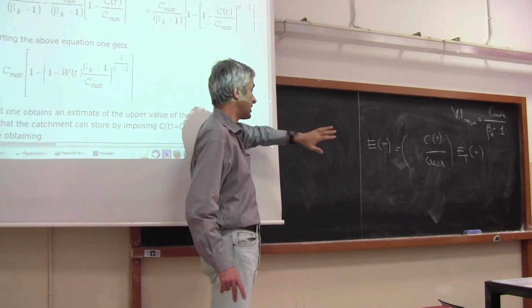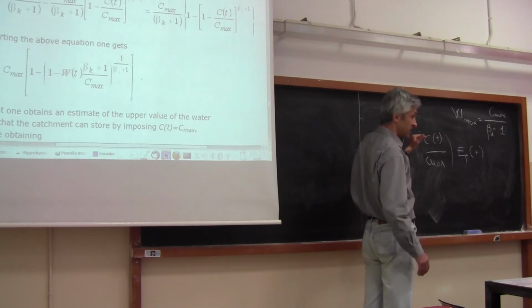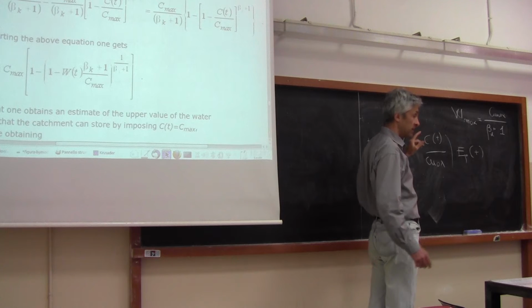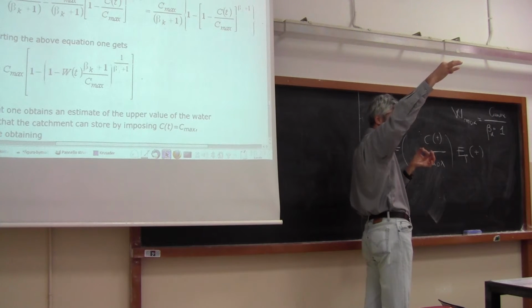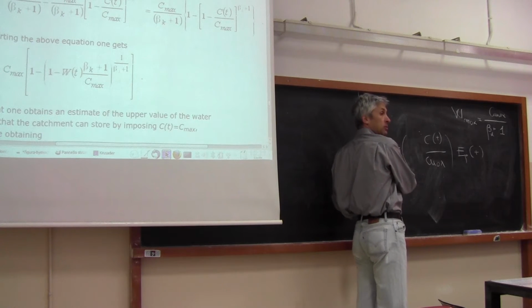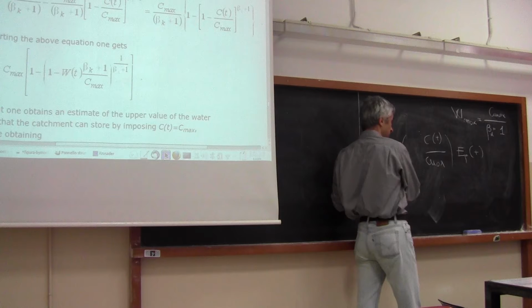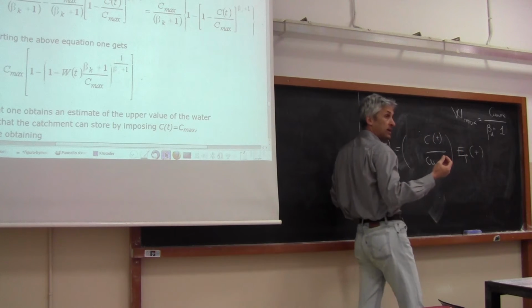And therefore, this second relationship that I brought here is linear in C, and it has the same extreme values. It gives evapotranspiration equal to 0 for W equal to 0, and evapotranspiration equal to the potential value for W equal to W max.